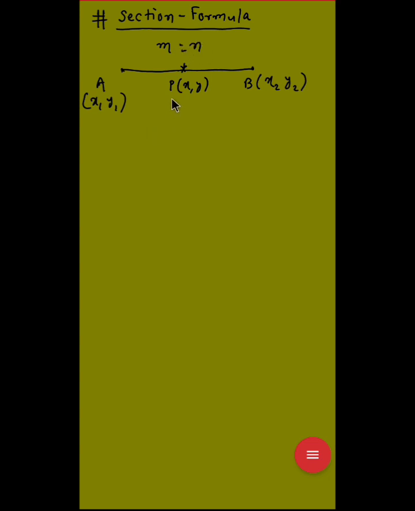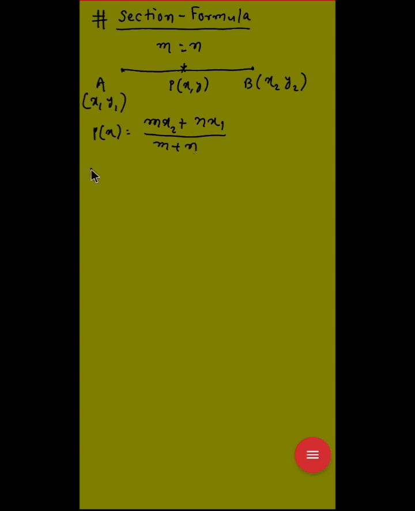So we are going to find the coordinates of P. P of x is equal to mx2 plus nx1 divided by m plus n.